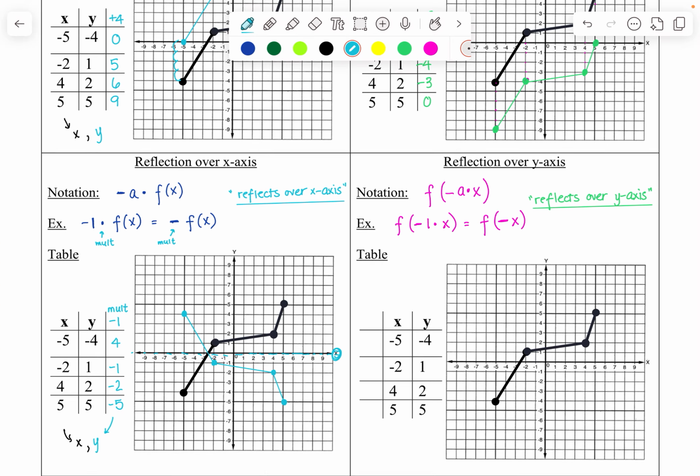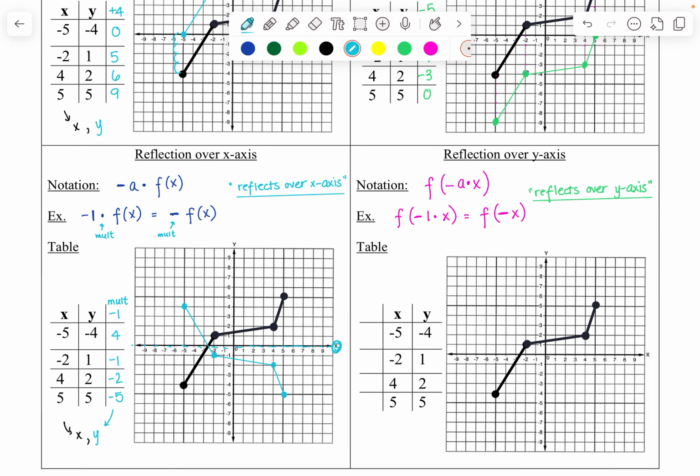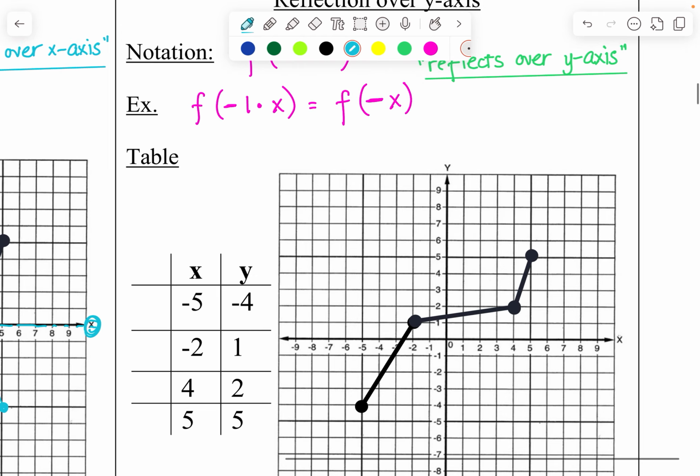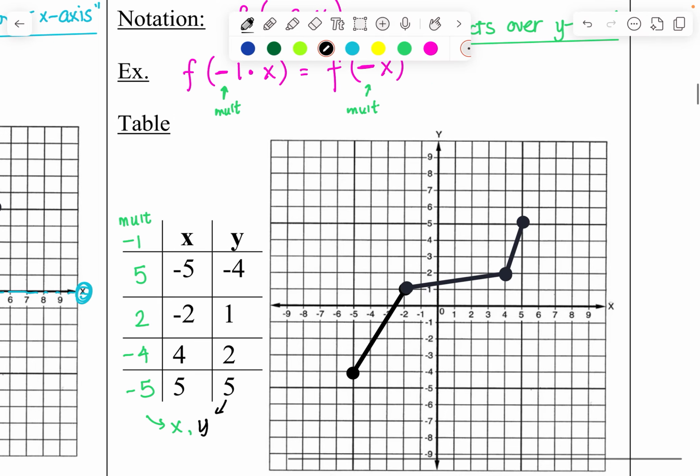Okay, so once again, note the difference between reflection over x-axis and reflection over y-axis. Over here, it's happening to x, so we're going to go ahead and multiply a -1 to our x values, because notice that we are multiplying a -1 to x. So here we go. This becomes a +5, +2, -4, and a -5. So these become our new x values, and we're going to pair it with our old y values. Here we go. 5, -4.